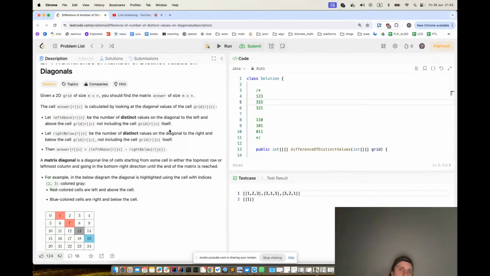Right below is the number of distinct values on the diagonal to the right and below, not including this. All right, okay, I understand. So what can we do? We actually can calculate all distinct values by diagonals and then calculate.